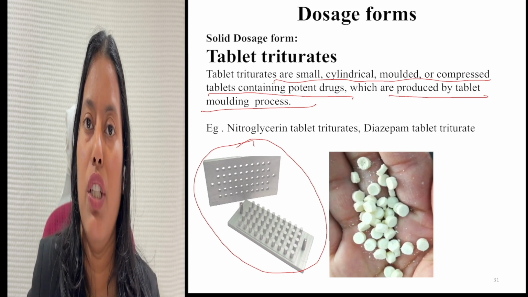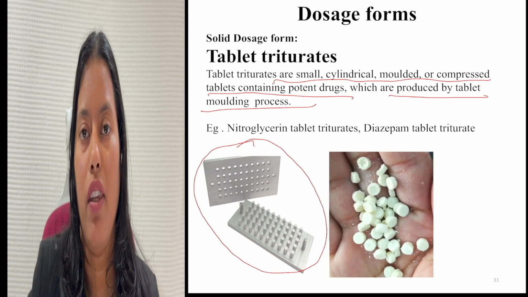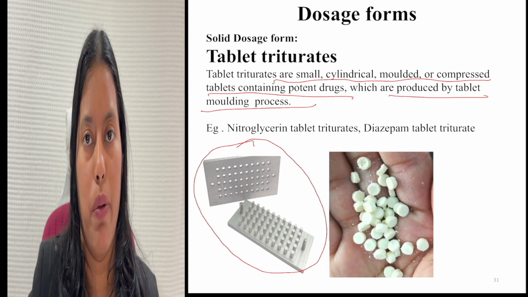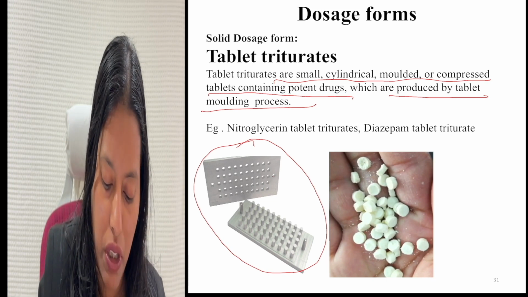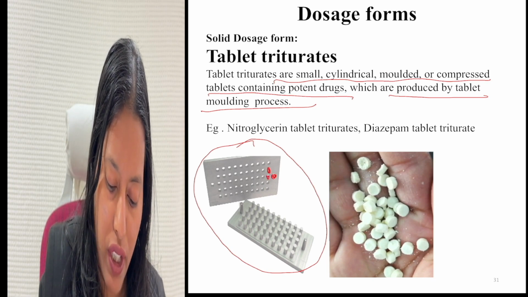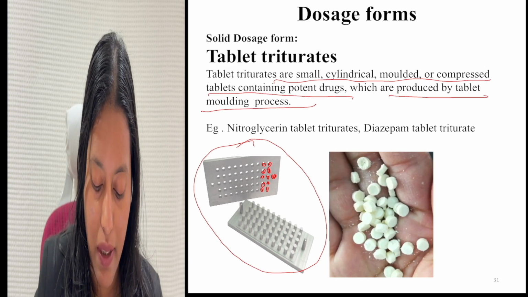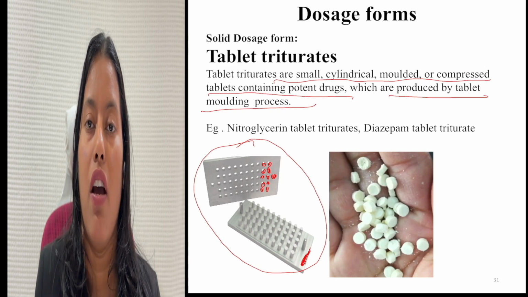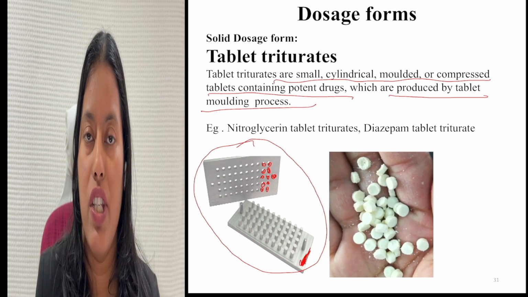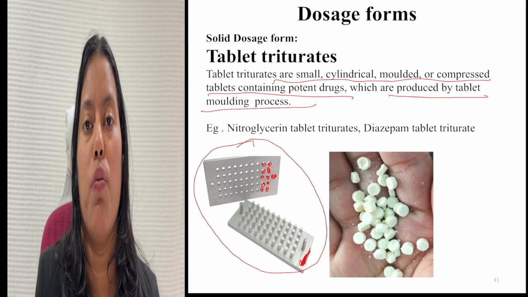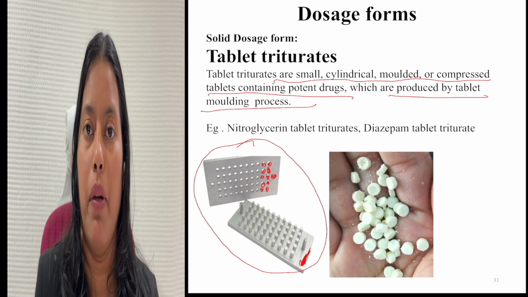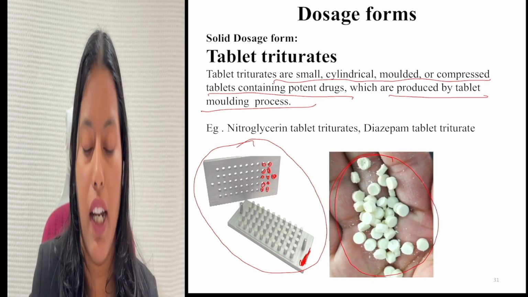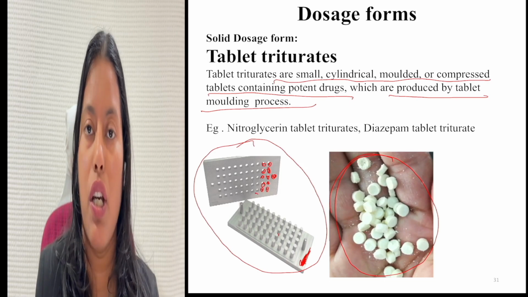The wet mass with the drug, diluent and alcohol is prepared and filled into the small cavities of the plate, and it is pressed with the plate containing the pegs. Once you press it, the mass in the cavity is moved upward and you get the tablet triturates. You can see some tablet triturates collected from this mold.